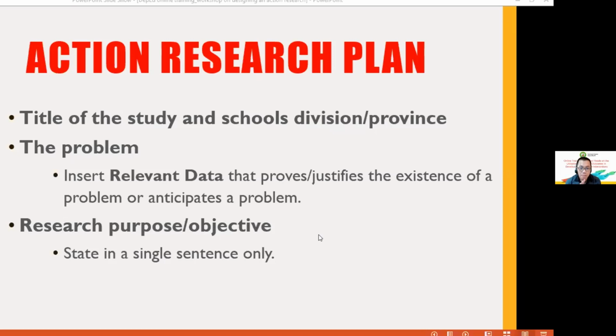Then research purpose or objective. Simply you say, this study aims to determine the effect, the impact of blah, blah, blah. So that's slides 1, 2, and 3.